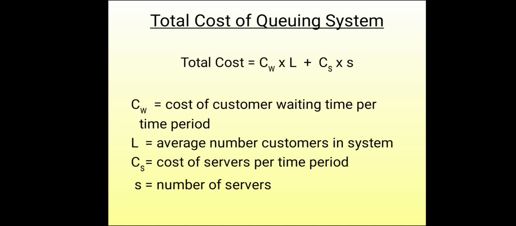So let us see the total cost of a queuing system. How is it calculated? Total cost equals cost of customer waiting time per period into average number of customers in the system, plus cost of services per time period into number of services. This is a very important formula.